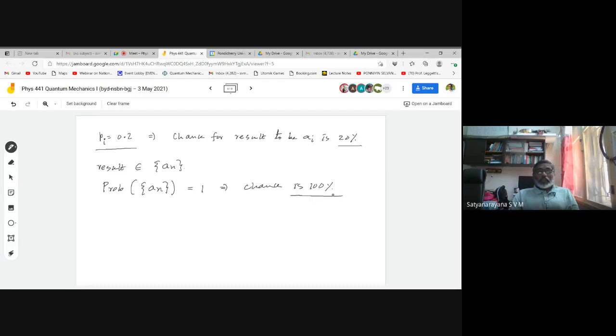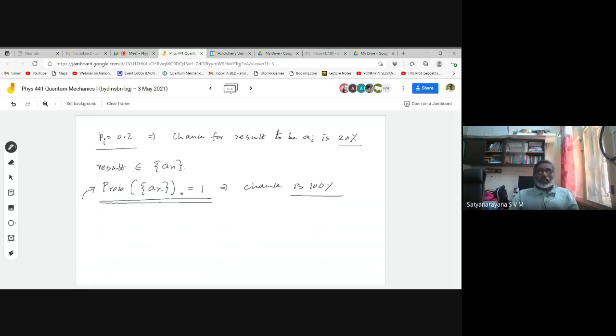Already we are saying that in quantum mechanics we cannot deterministically say anything. Now probability equal to 1 is a statement saying that the result cannot go out of this set. That much is deterministic. So that is the meaning of 100%. This is important because there is nothing beyond it that is possible.